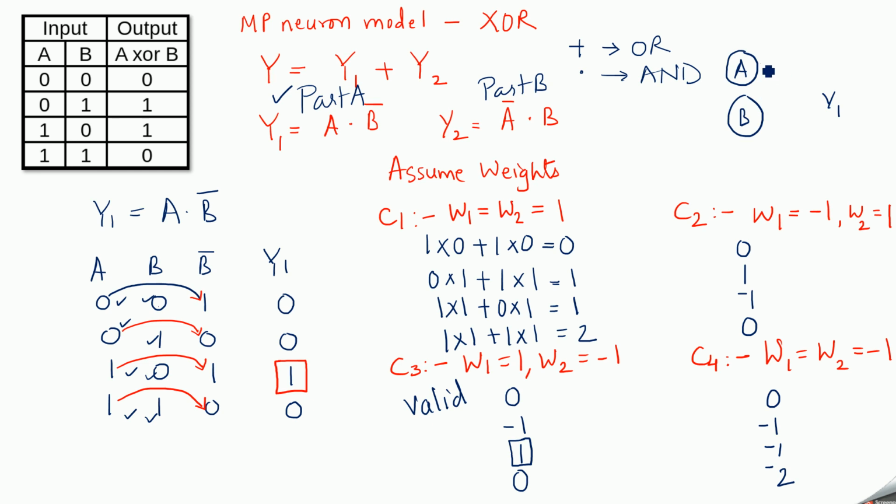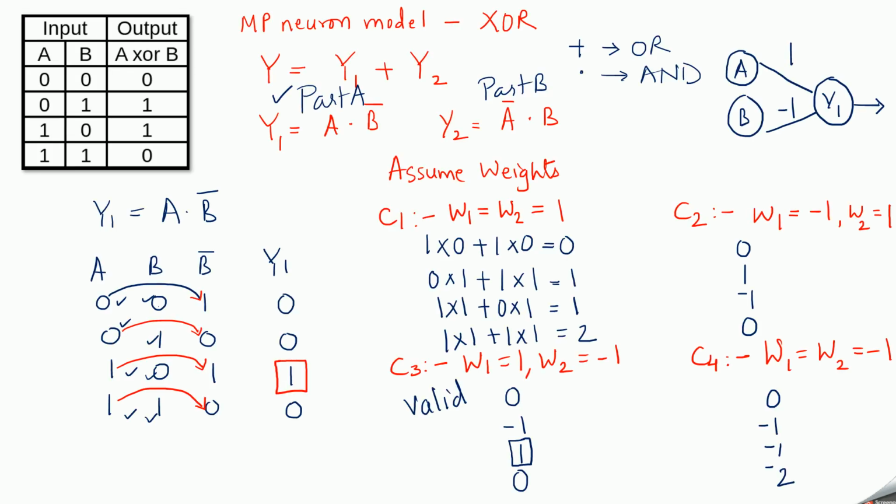And in that case, they are going to be given to the output Y1. And what are the weights? It is 1 and -1. So this is for part A. Now let's do it for part B.